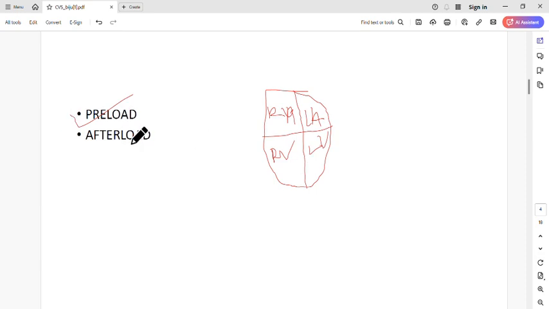We know preload is mainly the diastolic pressure and afterload is mainly the systolic pressure. Preload is defined as the end-diastolic pressure when the ventricle is filled, when the right atrium or right ventricle is filled, from the vena cava.